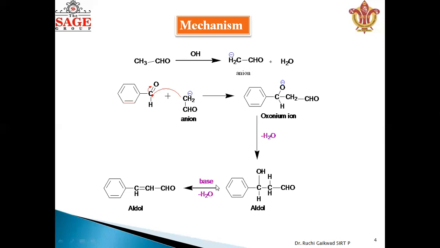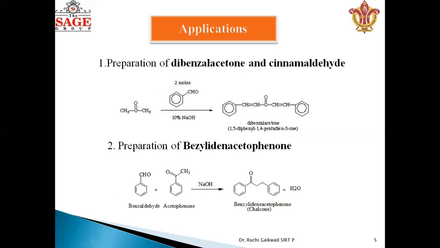After this, subsequent elimination of water occurs, and it gives our alpha beta unsaturated product. This is the mechanism of how this reaction works. Or we can use the aliphatic aldehyde with an aliphatic ketone, or an aliphatic ester. The same mechanism applies.